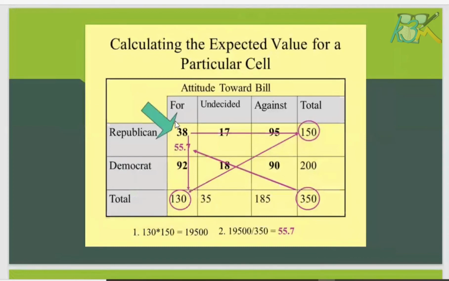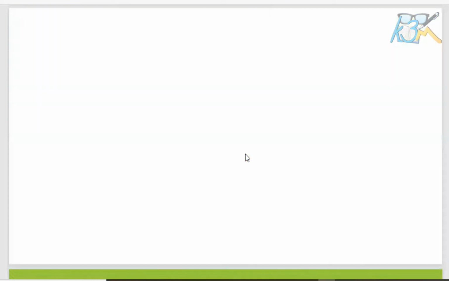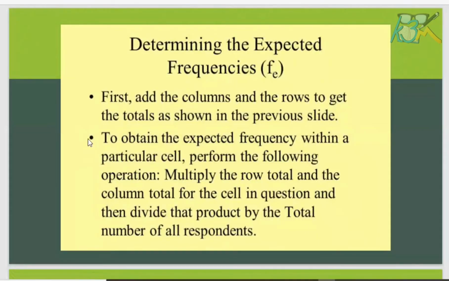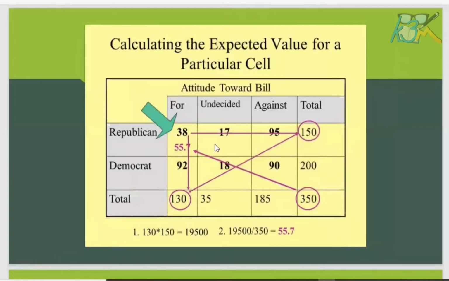So para maintindihan pa natin, ito yung pag-calculate. Itong second. Yung sinabi dito, para makuha yung expected value, so simply, 130 times 150 divide by 350.